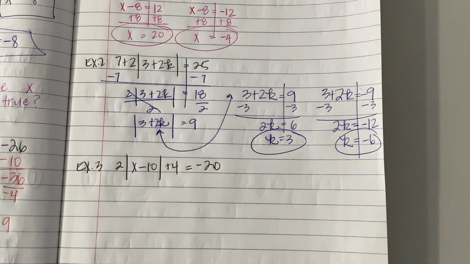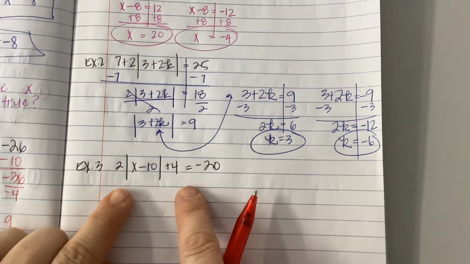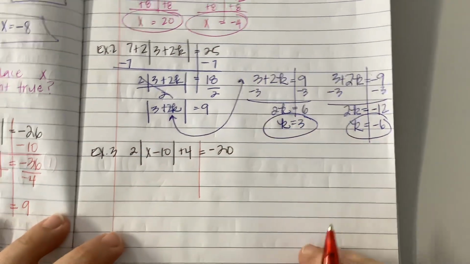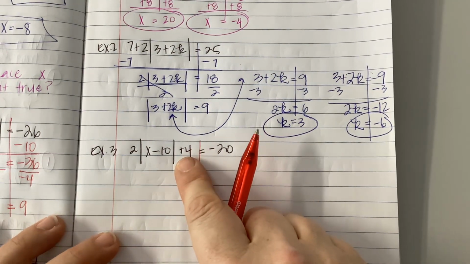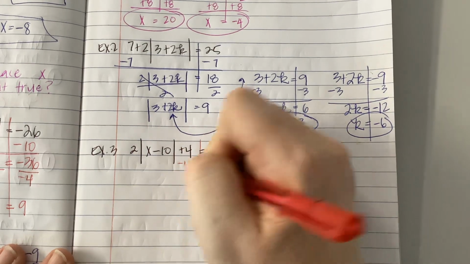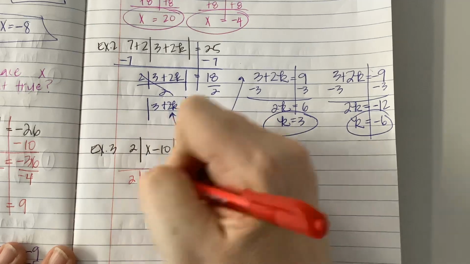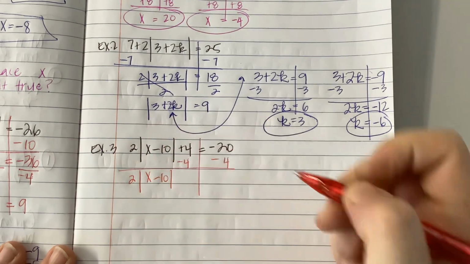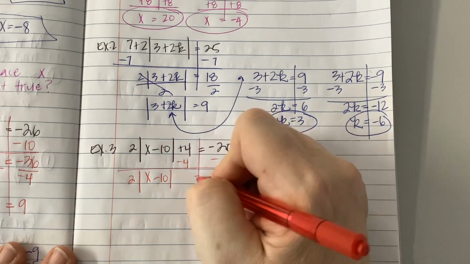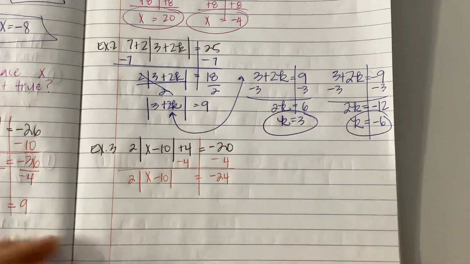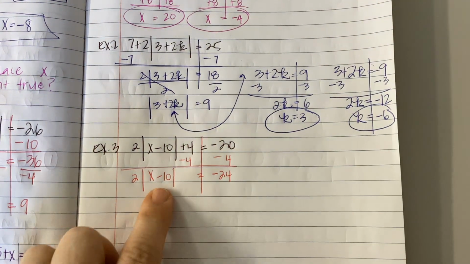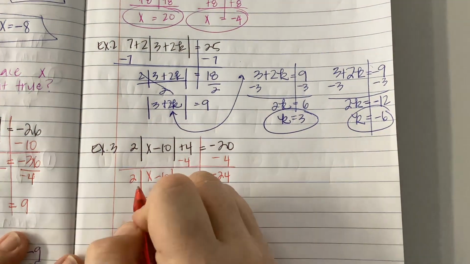Step 1, isolate the absolute value. Is it isolated? No. What do I move first? The plus 4. So I minus 4, minus 4. 2 times the absolute value of x minus 10 equals negative 24. Is it isolated yet? Divide by 2.